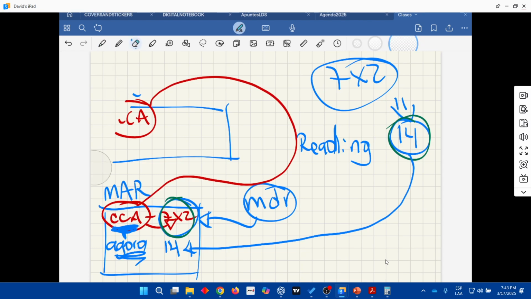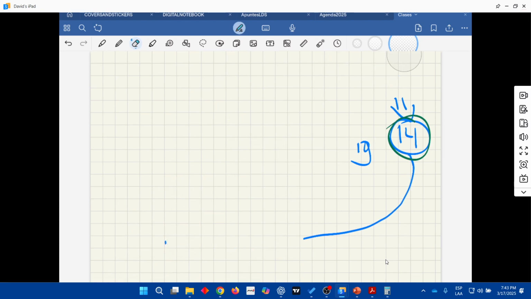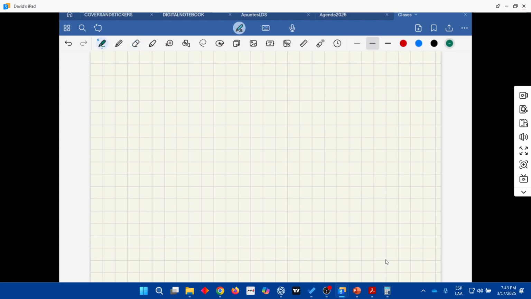But let me try to draw this a little bit better. Okay, we have our program counter, sorry, program counter. So remember that in the program counter, you have the addresses, the address where you find the information.